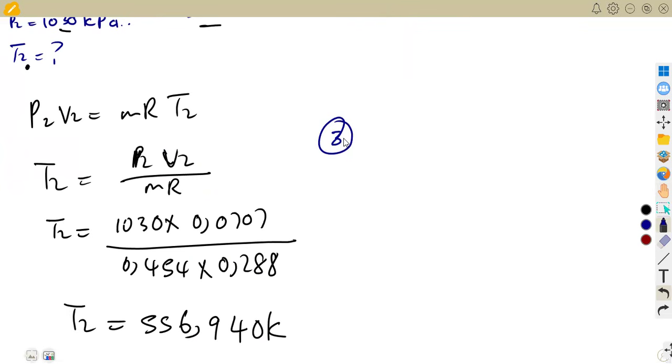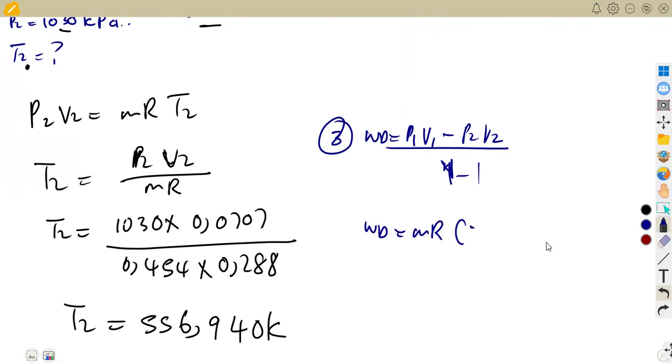Remember that this is an adiabatic process, so the formulas for work done are not going to change: P1 V1 minus P2 V2 over n minus 1, which we can also write using the MR formula, everything over gamma minus 1.